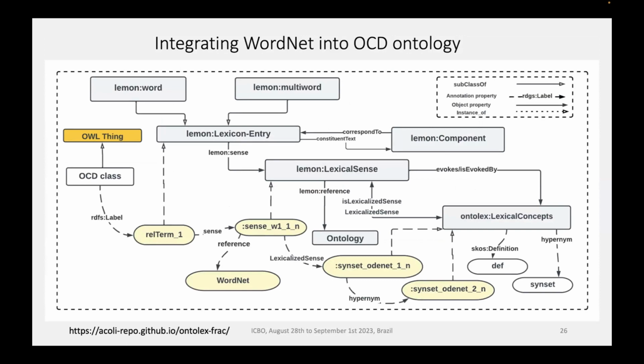It allows us to represent all the associations of synonyms from WordNet, such as the synset of the synonyms and the associations of the synset, such as the definitions and its relationships, such as hypernym to other synsets.